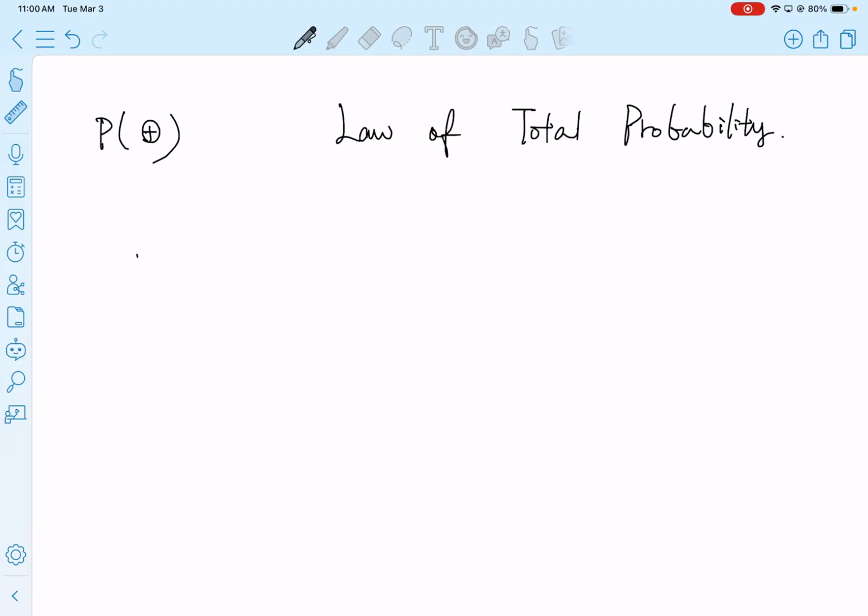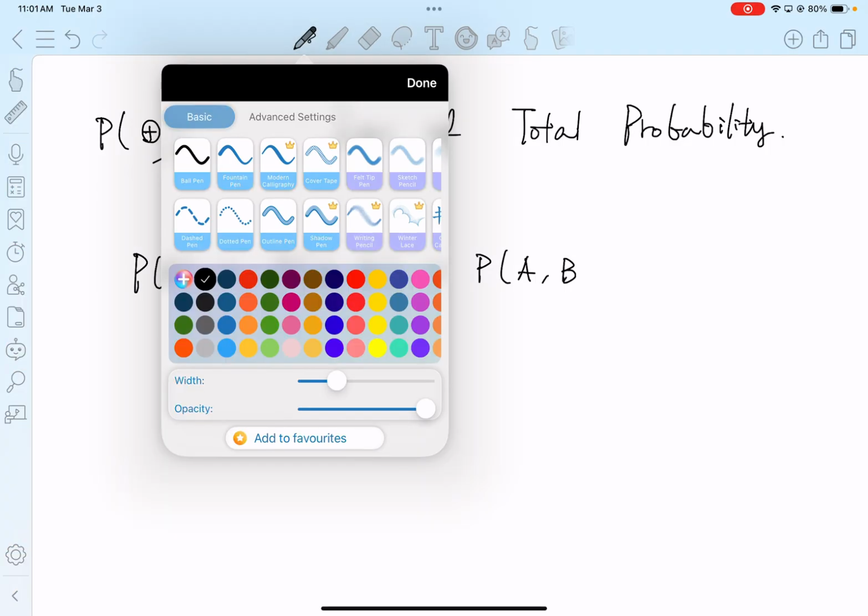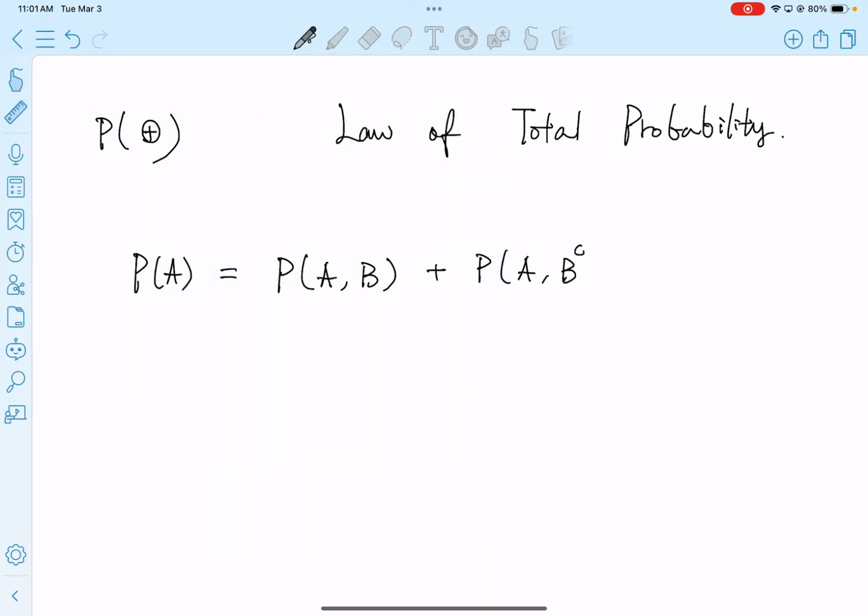Let me use generic letters. P(A) is equal to the probability of A and B, plus the probability of A and B complement.